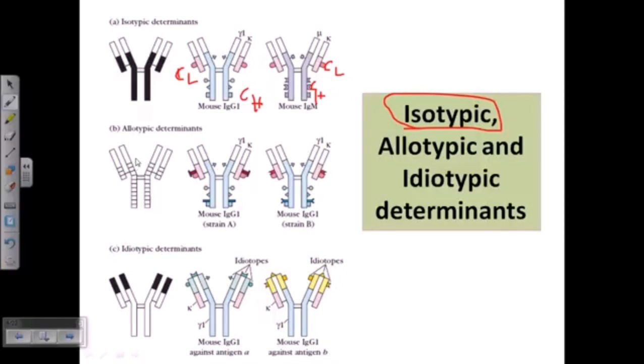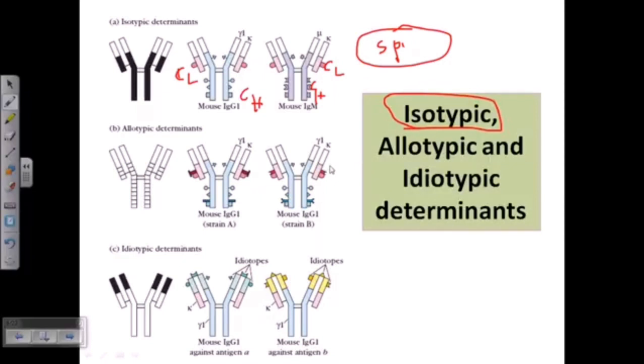Now if we look at allotypic determinants, here we can get variations. In allotypic determinants, we should get variations between you and me. In the previous case we took a broad area, a whole species, so all human beings have the same kind. The allotypic determinant is much more related to genetic arrangement.